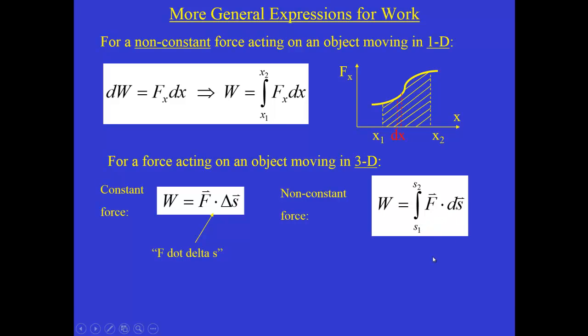So of course, in order to evaluate these expressions, we have to know what we mean by the dot product. So here's how it works. Some sources will call this the scalar product of two vectors, but usually we refer to this as the dot product. What it means geometrically is it's telling us the component of the first vector F lying along the direction of the second vector multiplied by the magnitude of the second vector.